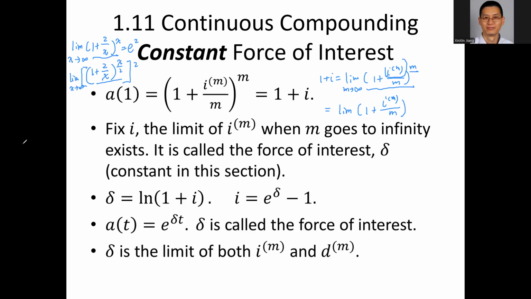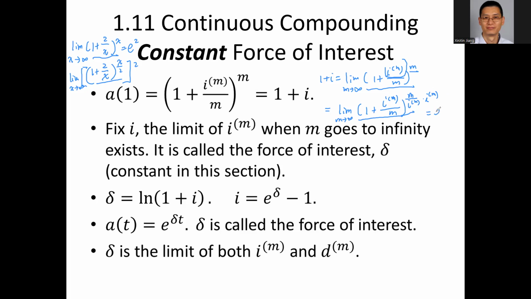All right, so we're going to use the same argument. Put m here, divide by the nominal rate and then multiply by the nominal rate, so I'm not changing anything. Then this inside part would be e. It's 1 over x, and this is x here, so it's fine.